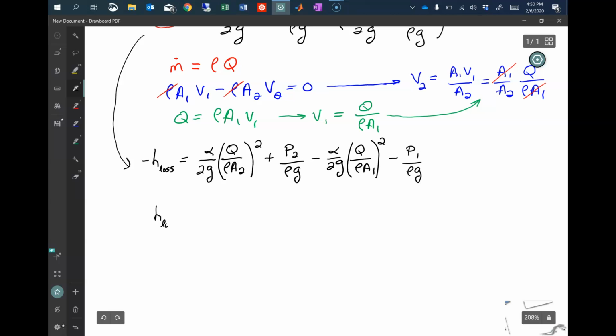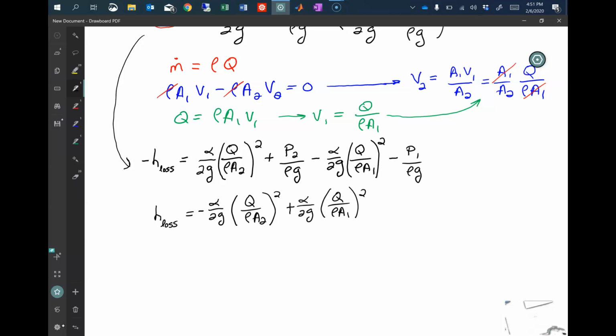So H loss is equal to negative alpha over 2G, and then I've got a Q over rho A2 squared. And then I have a minus. I'm going to take out that next Q. So minus is plus alpha over 2G, Q over rho A1 squared.